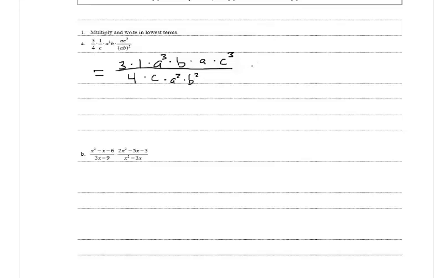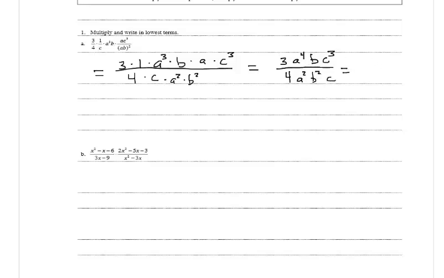Now I'm going to simplify using the laws of exponents. I have 3, and then a cubed times a gives me a to the fourth. I have a single b, and then c cubed, divided by 4. There are no like factors in the denominator, so I'm just going to rewrite it in order: a squared, b squared, and c.